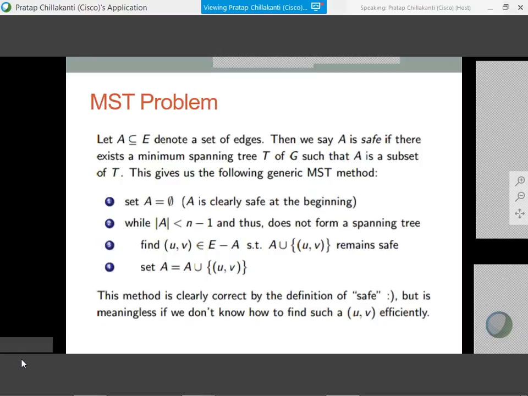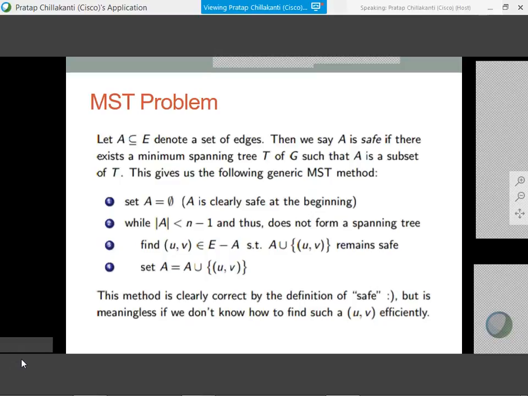What do we do? Step number one, initially A is a null set. While the size of A is less than n minus 1, because we always want to keep the set of edges in A at one less than the total number of vertices, you find a (u, v), meaning an edge.